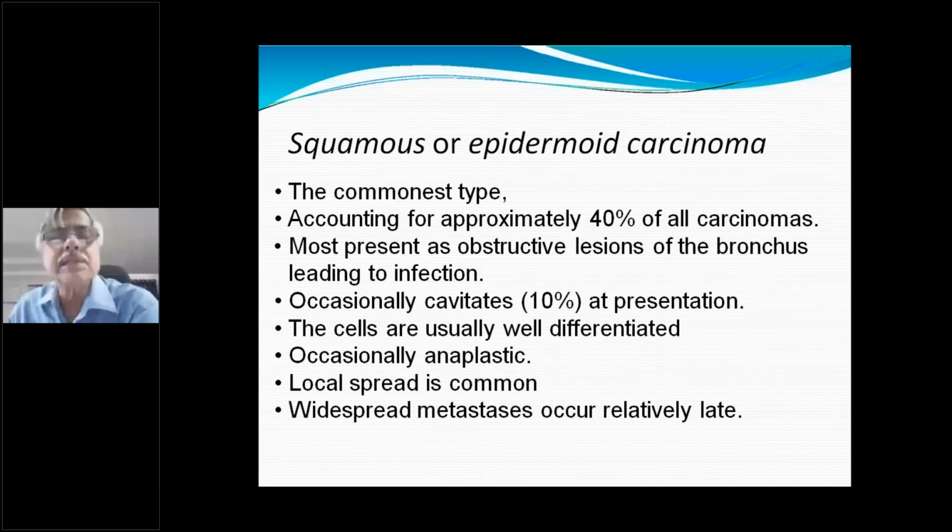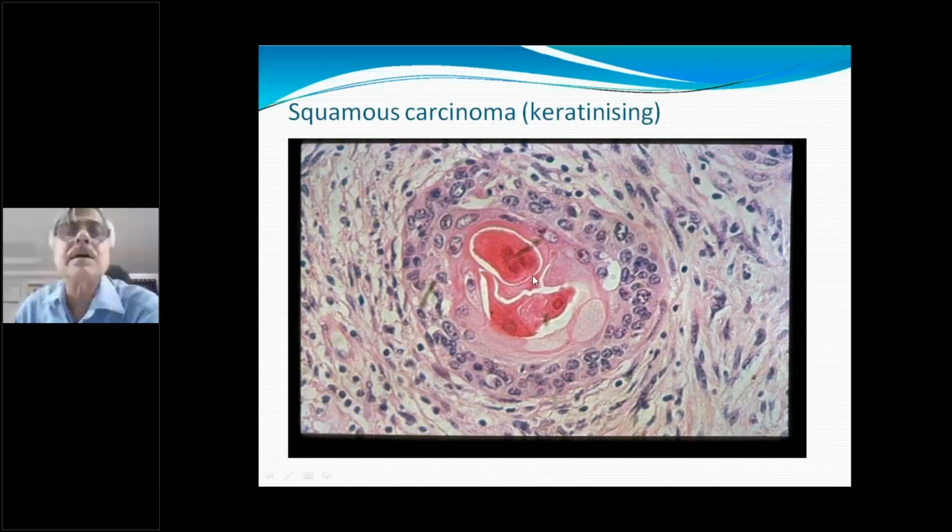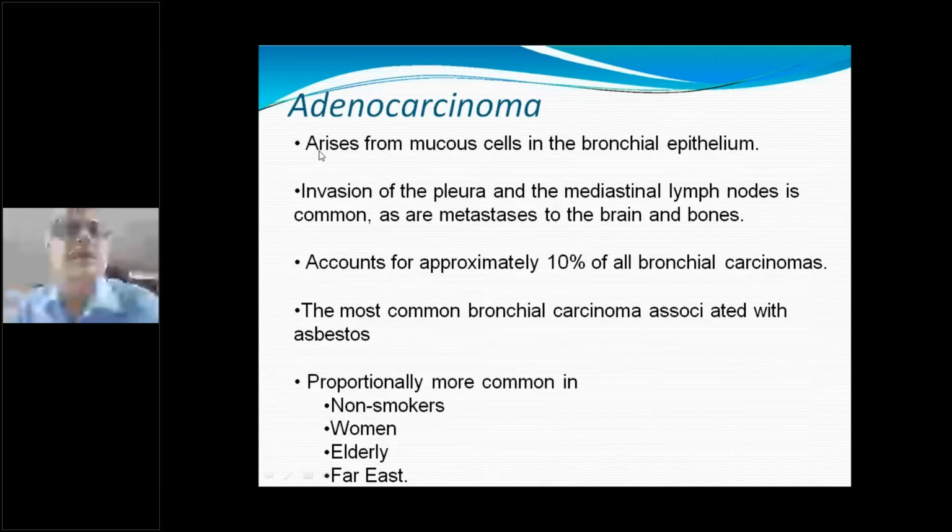Of course, this is what squamous cell carcinoma looks like. Next, adenocarcinoma. Adenocarcinoma is also part of non-small cell lung carcinoma. It arises from epithelium. It is actually peripheral, and invasion of pleura is more common.